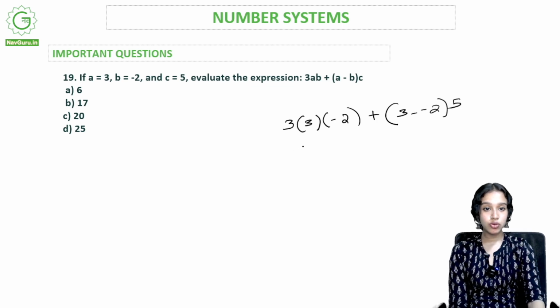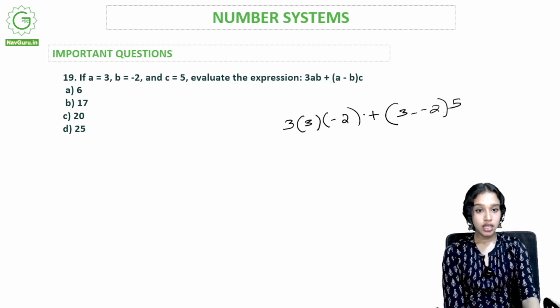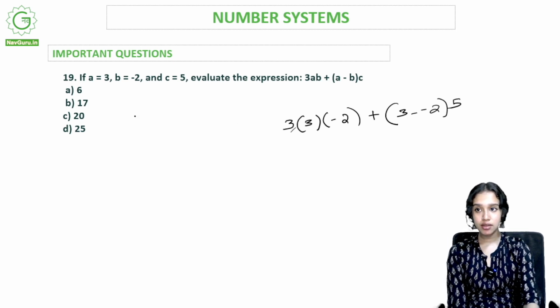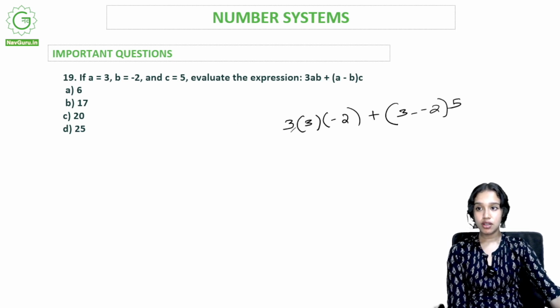So what do we do first? We do the brackets here. These are not brackets, these are just multiplication. I'll rewrite it again. So we'll not put the brackets here. We'll just do the multiplication.